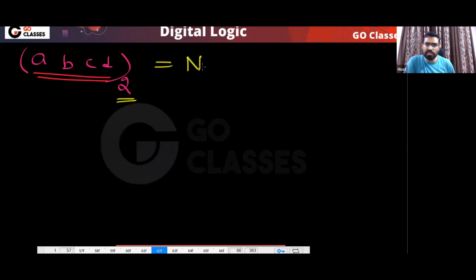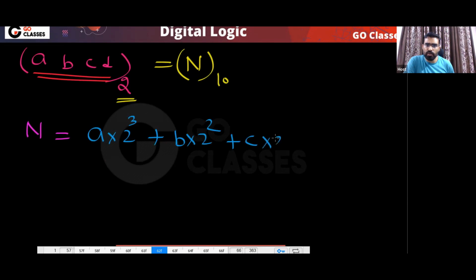So let us assume this is n in the decimal system. Then what is this n? I can say n is equal to a into 2 power 3 plus b into 2 power 2 plus c into 2 power 1 plus d.